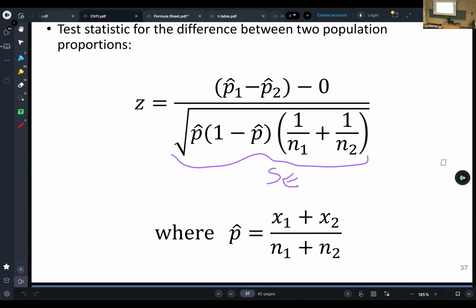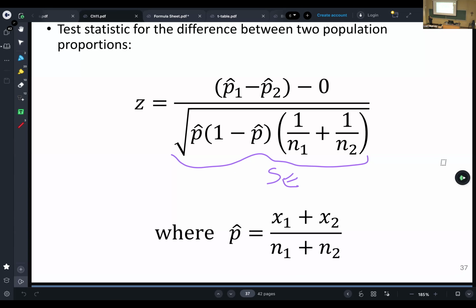For the hypothesis test, the denominator changes. So our standard error is different for the proportions than the confidence interval. It's when we aggregate these totals by the grand totals. The reason we do that is because the theory makes us do that, because it says that the quantity in the denominator is normally distributed.